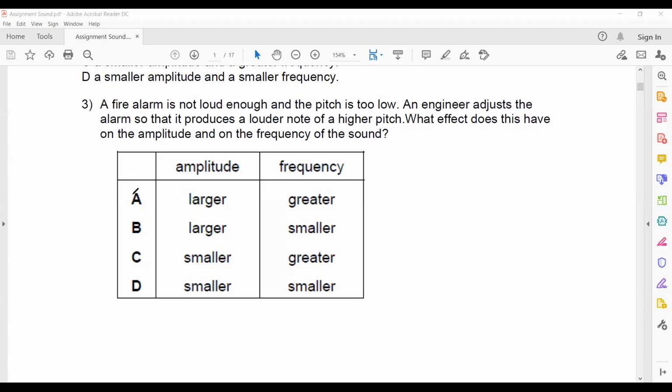A is the right answer because it's mentioned it produces a louder note of higher pitch. So frequency should be higher and amplitude should also be greater.